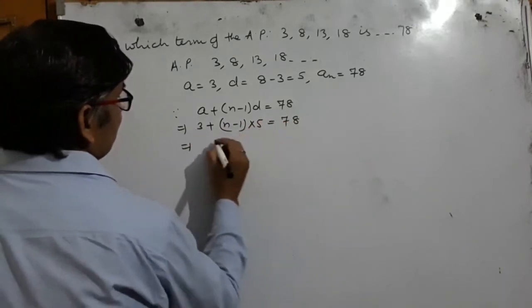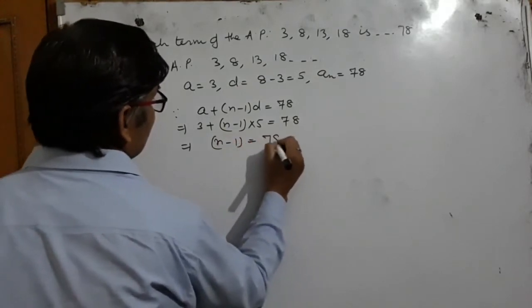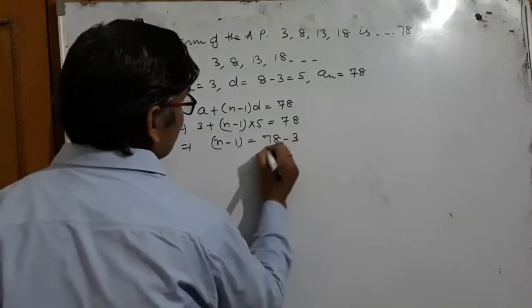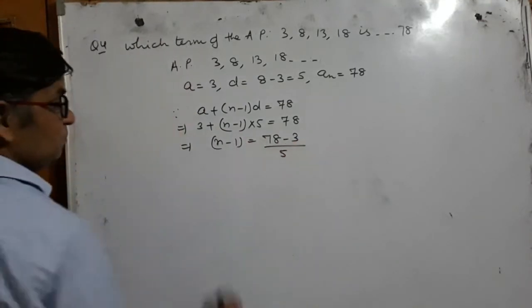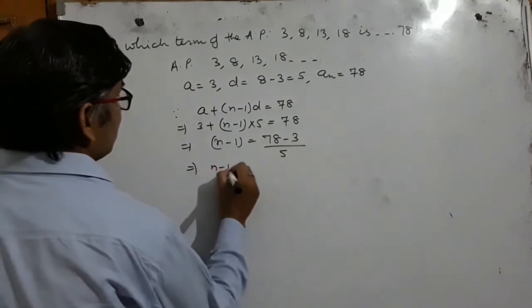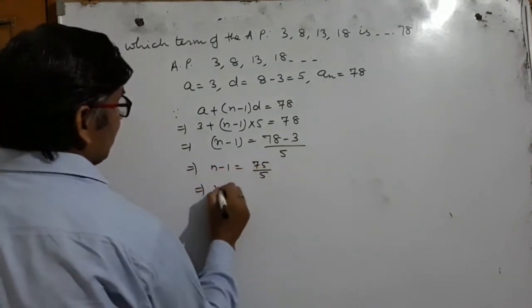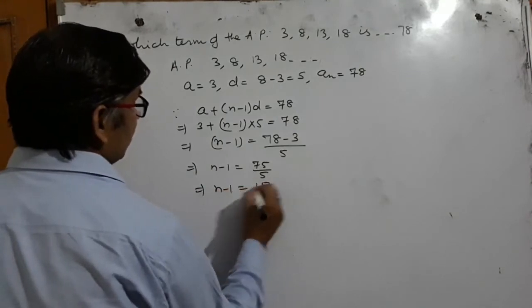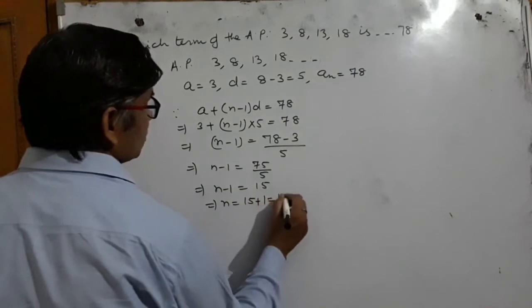Shift 3 to the other side: 78 minus 3 is 75, and the 5 goes to the denominator. n minus 1 equals 75 upon 5. 75 upon 5 is 15, and n equals 15 plus 1 equals 16.